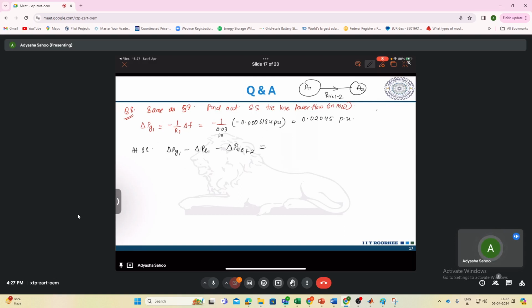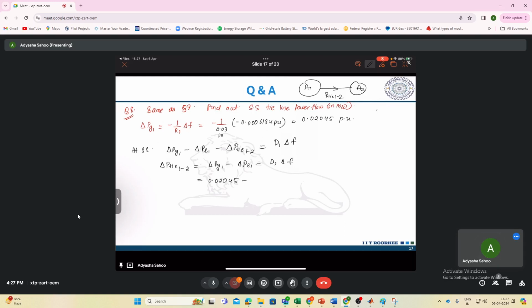Power is from 1 to 2. So here it will come as minus P tie 1 to 2. So that is D1 times delta F. So delta P tie 1 2 is delta Pg1 minus delta PL1 minus D1 delta F.